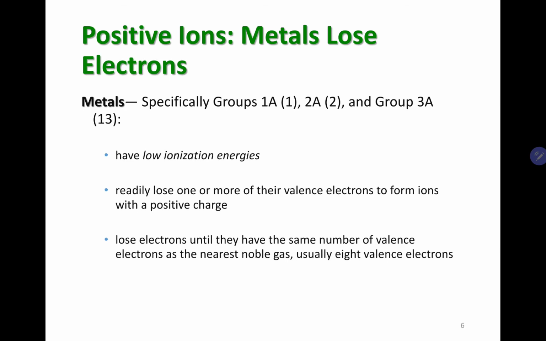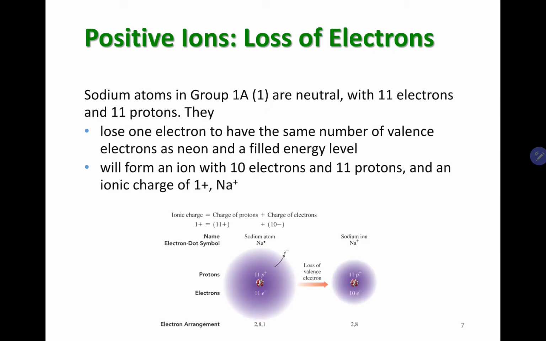As an example, I have a sodium atom in this figure. Sodium is in group 1A, and because it is in group 1A, you know that it has only one valence electron. How do you know that?